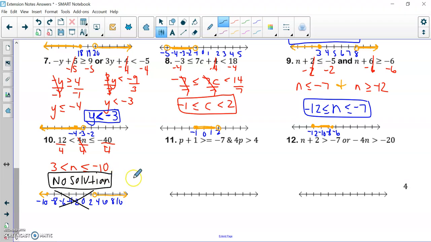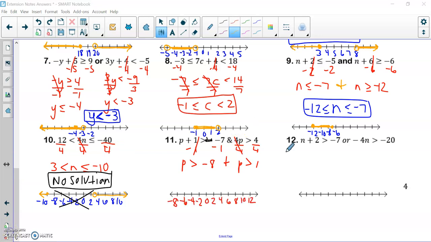All right. Number 11 should actually just be a less than or a greater than symbol, no equal to symbol here. So we're going to start to solve. And I wind up with p is greater than negative 8 and p is greater than 1. This one is also tricky.